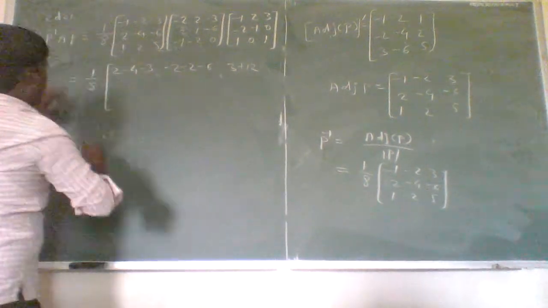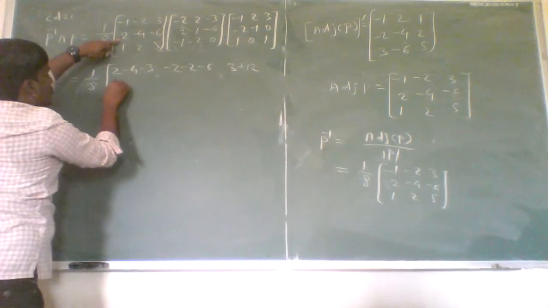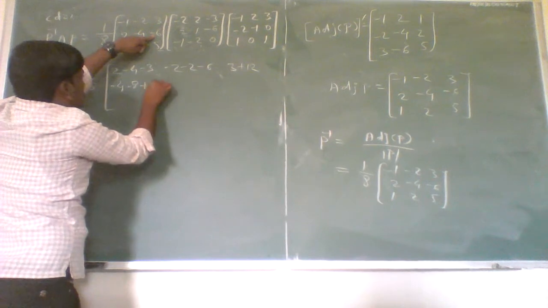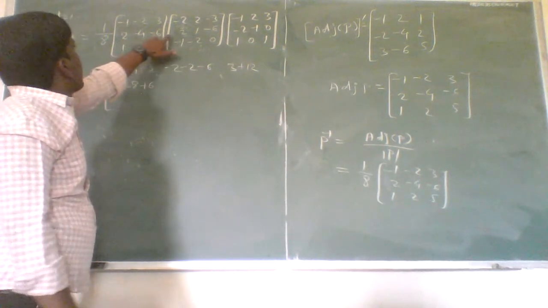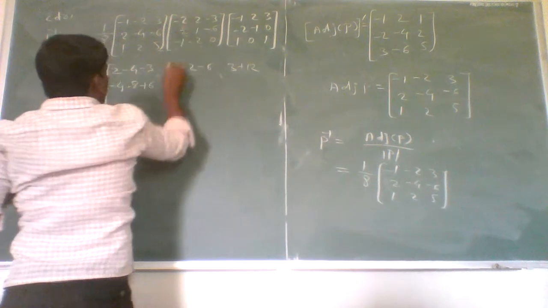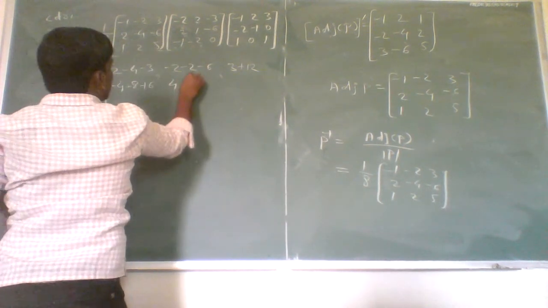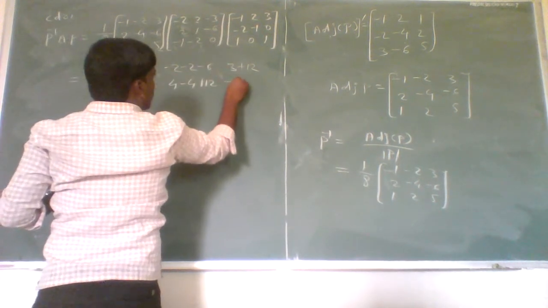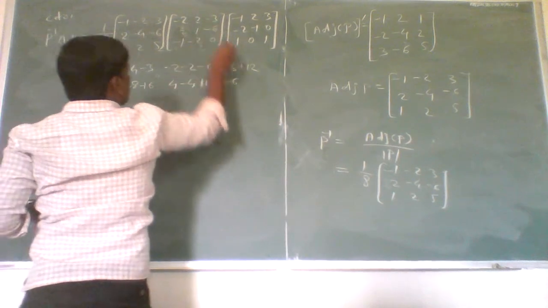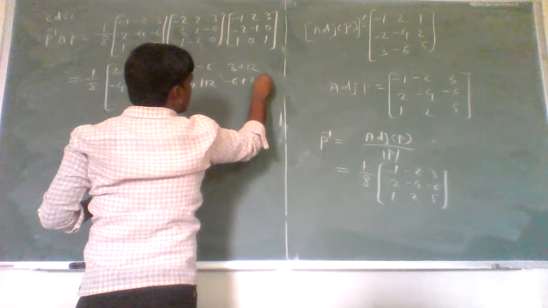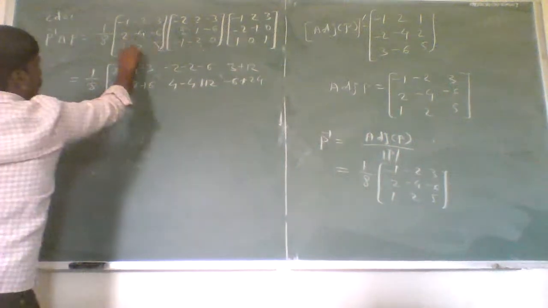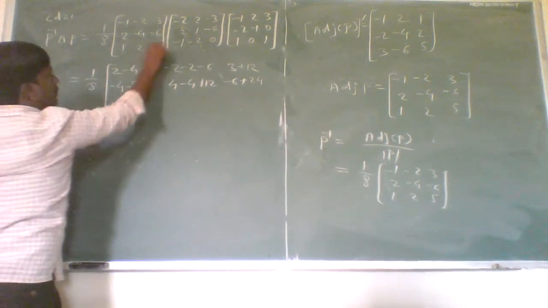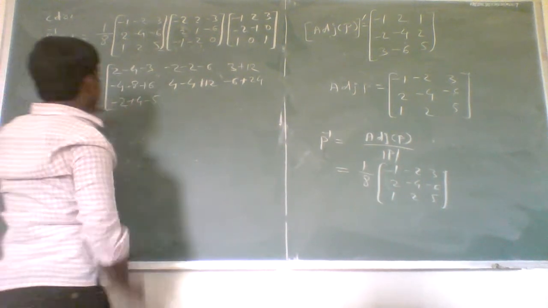Okay, and 2 into -4, -8, -6 into -1 plus 6. Okay, 2 into 2 is 4, -4 plus 12, into -3 -6, -4 into -6 plus 24, -6 into 1, into -2, 2 into 2 is 4, 5 into -1 is -5.